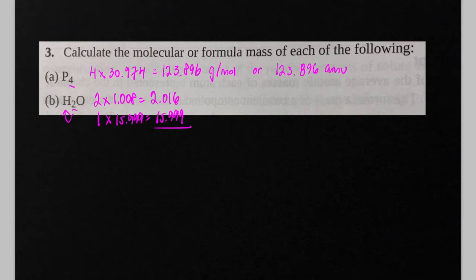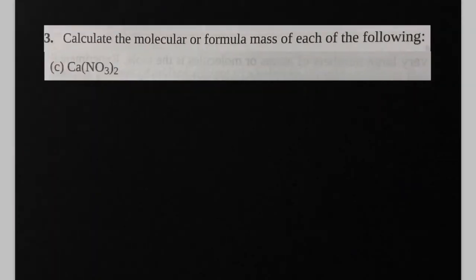So on my calculator, I'm typing 2.016 plus 15.999, and that gives me a value of 18.015. And I will just choose to write that in AMU. Okay.